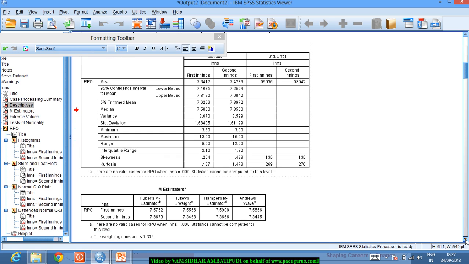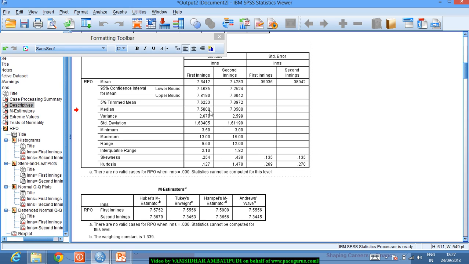But the interesting aspect is, if we see all these four for the first innings, 7.57, 7.55, 7.59, 7.55. Basically these four mechanisms lie somewhere between 7.55 and 7.59.